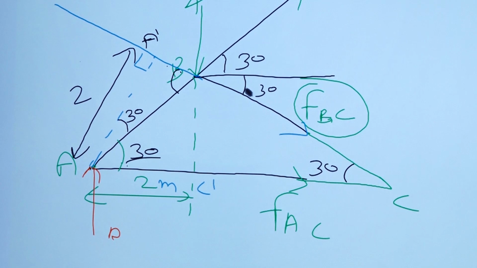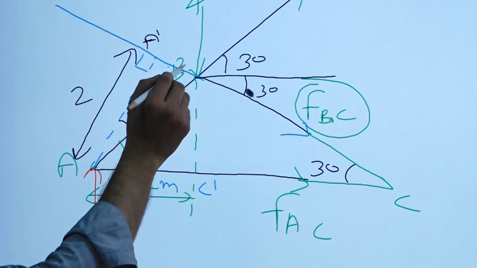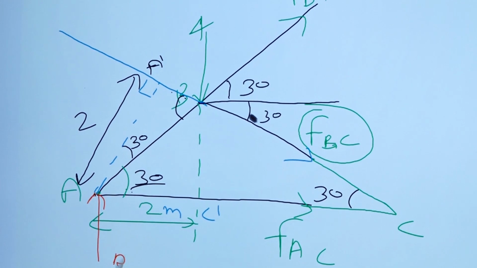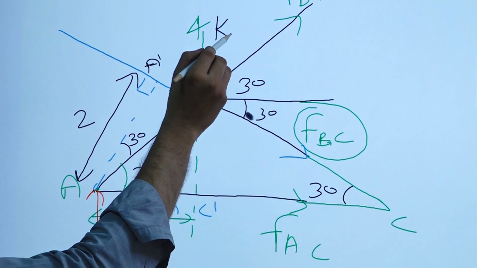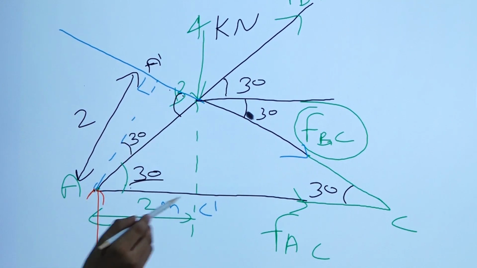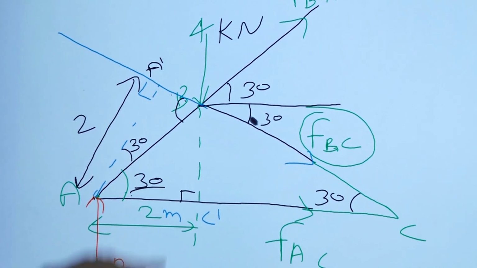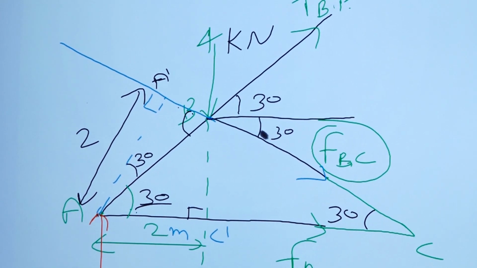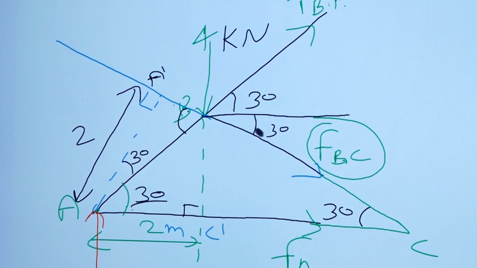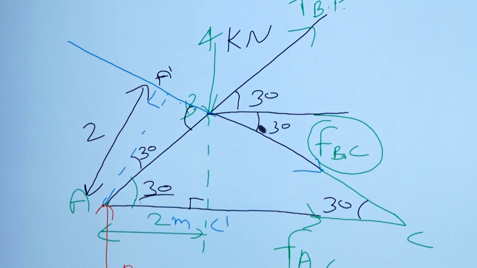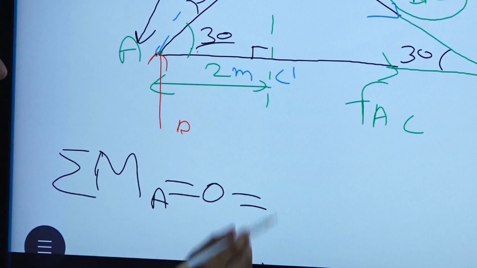We also have this force F, 4 kilonewton. The moment because of the 4 kilonewton force will be 4 into the perpendicular distance, which from this force is 2 meter only. Now we are going to take moment about point A. Summation of moment about point A should be 0.